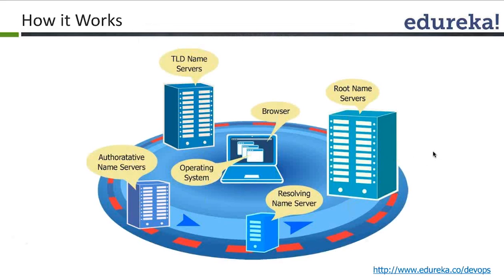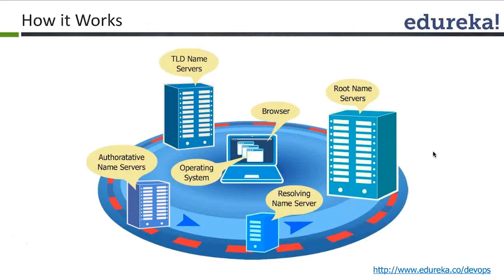So when you type this URL, www.google.com, you are sitting on the side of your telecom network, and you're trying to get an IP.